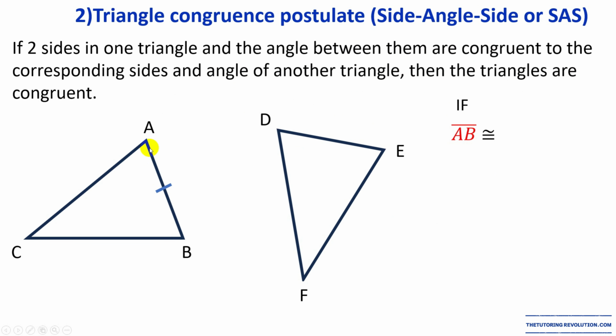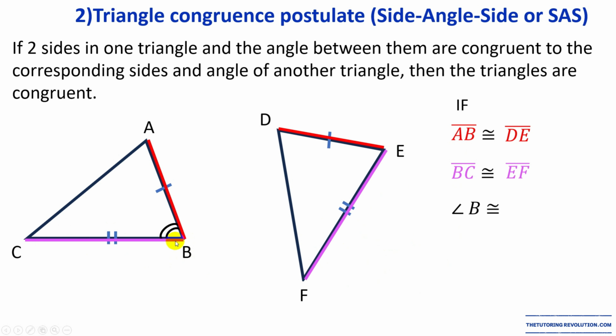We're going to say if side AB in this triangle, which is labeled with one tick mark and also with red, is congruent to side DE, which we label exactly the same as this one. And also if BC, which we label with two tick marks and with this purple color, is congruent to side EF, which we're going to label exactly the same as this BC side.